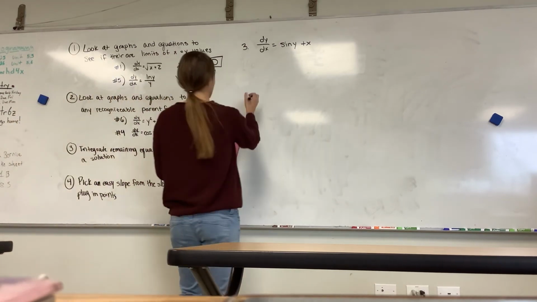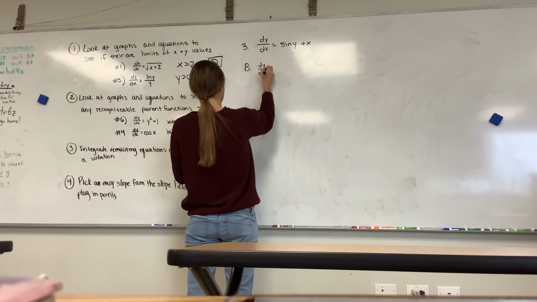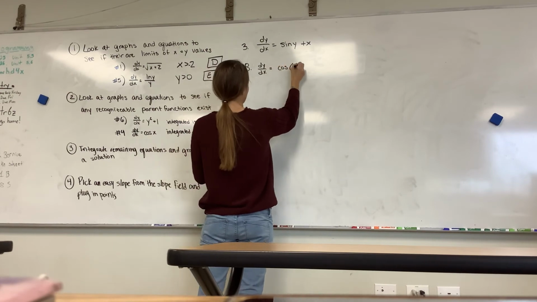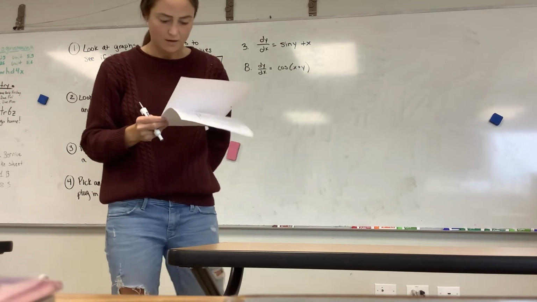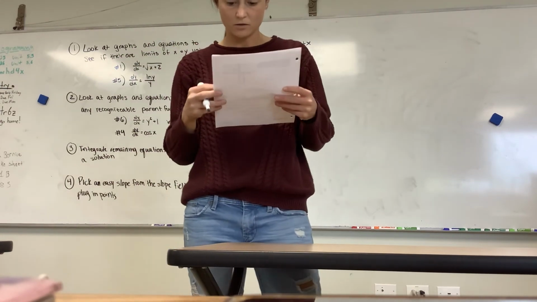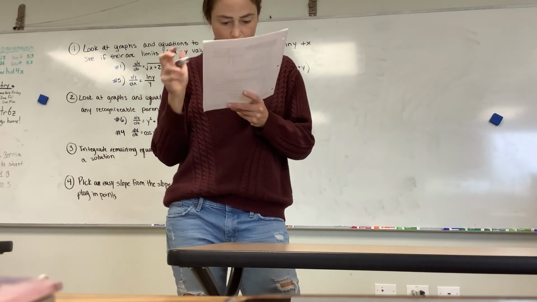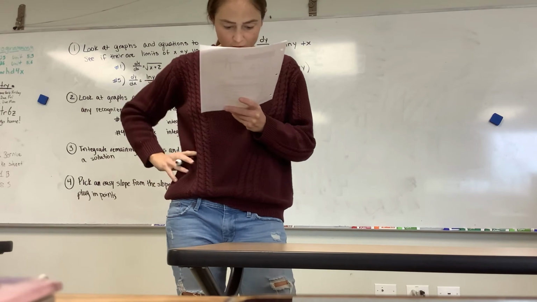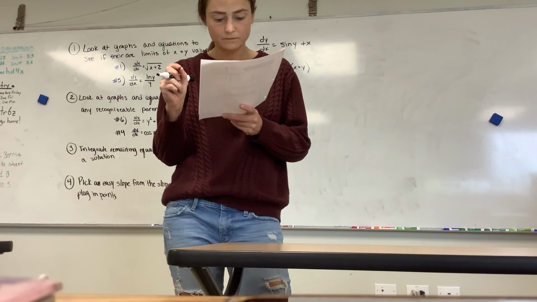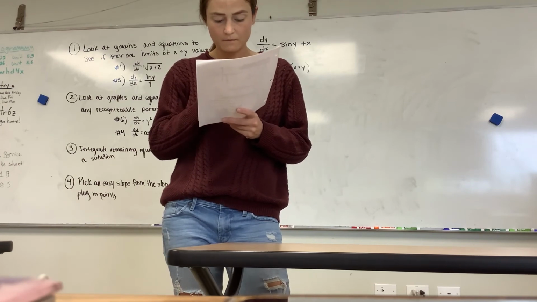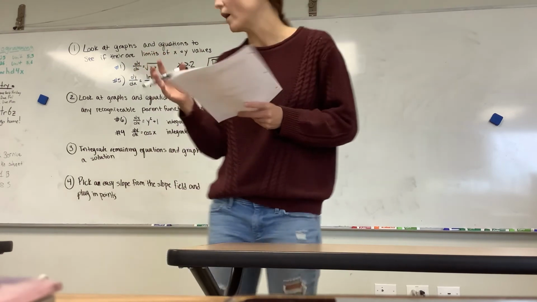Okay, so we're left with 3 and 8, where dy/dx is equal to cosine of x plus y. And the only graphs available to me that are not canceled out are G and F. So I'm going to go ahead and look at the slope field for F. If I look at the slope field for F, at point 0, 0, everyone looking at the origin on that slope field, it looks to me that I have a slope of about 1.